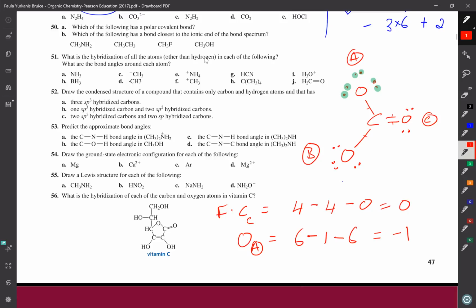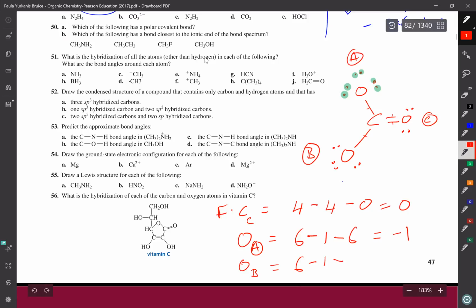Let's do the same thing with oxygen B. Number of valence electrons on oxygen: oxygen will have 6 valence electrons. How many bonds are surrounding that particular oxygen atom? We only have 1 bond surrounding that particular oxygen atom.